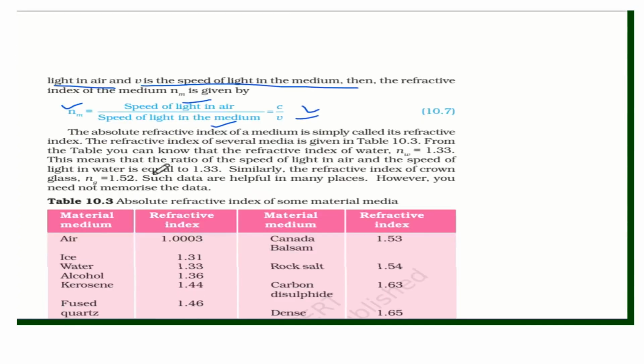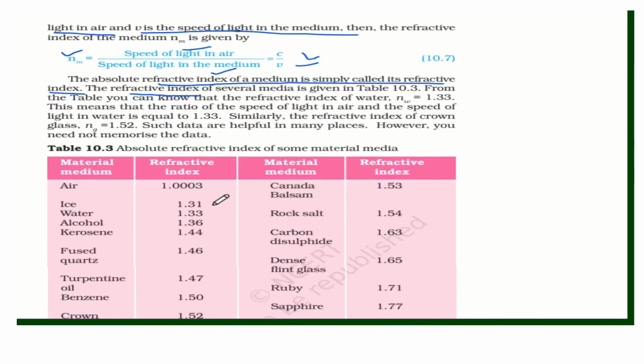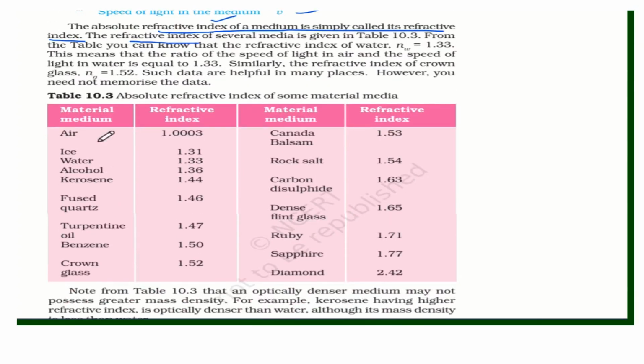There is a table in which the absolute refractive index of some materials is given. Air has refractive index 1.0003, vacuum has refractive index 1. So this is also approximately equal to 1. In both cases, air as well as vacuum, refractive index is taken to be 1.